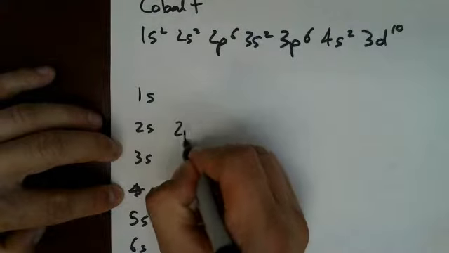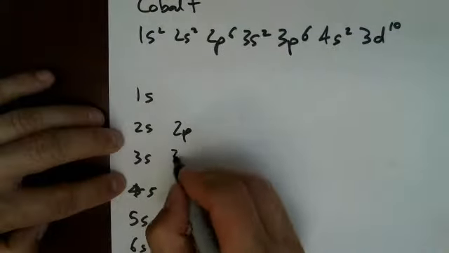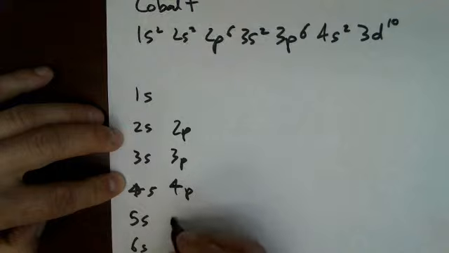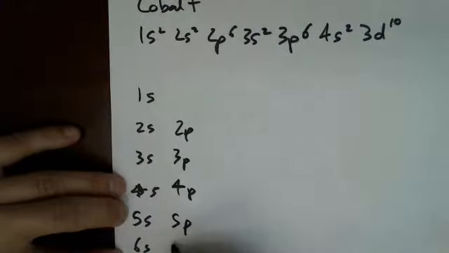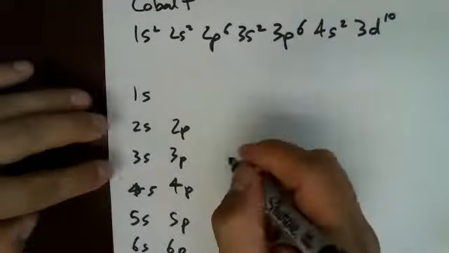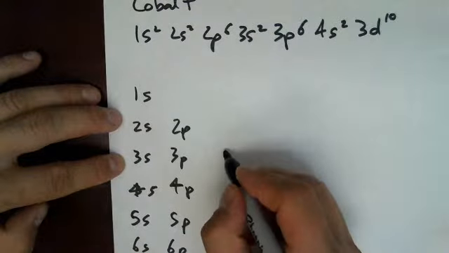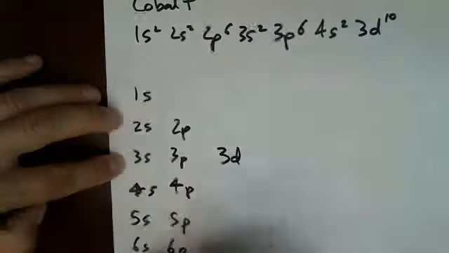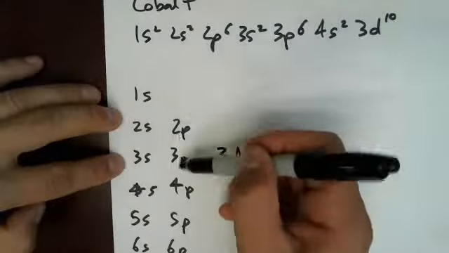Okay, so here would be 2p's, 3p, 4p, 5p, 6p, 7p, and then we have our 3d. So this would be the rows with the columns with the s's, columns with the p's.